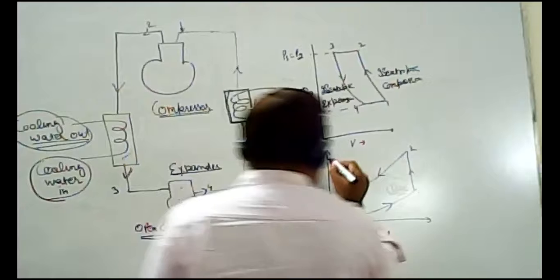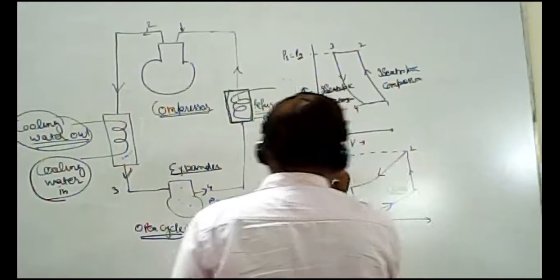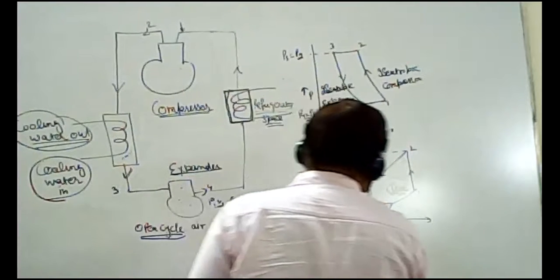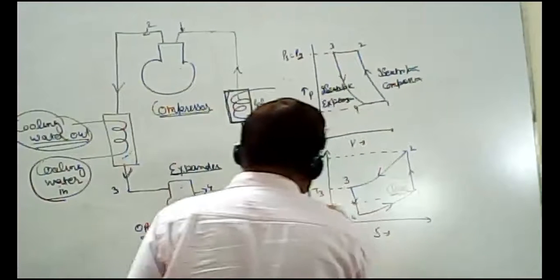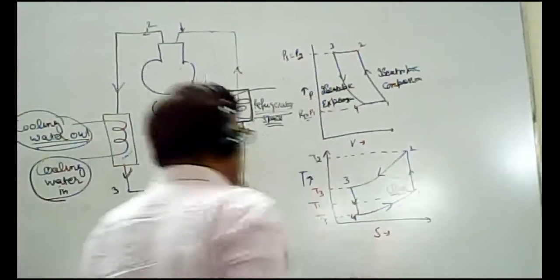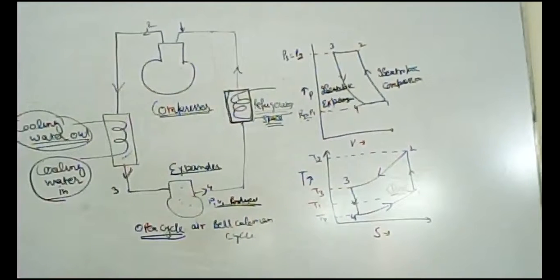This is the temperature T2, this is the temperature T3, and this is the temperature T1 and T4. So this is the temperature-entropy diagram.